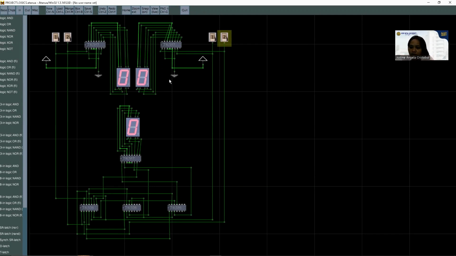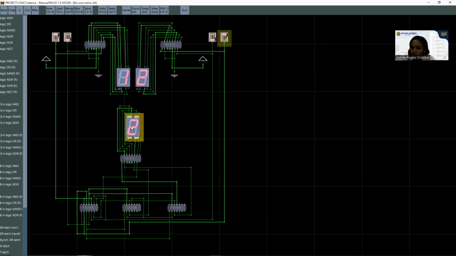So these two 7-segments, let's say this is our input, and this 7-segment is the output. Let's say this 7-segment is 1, and the other one is 2.